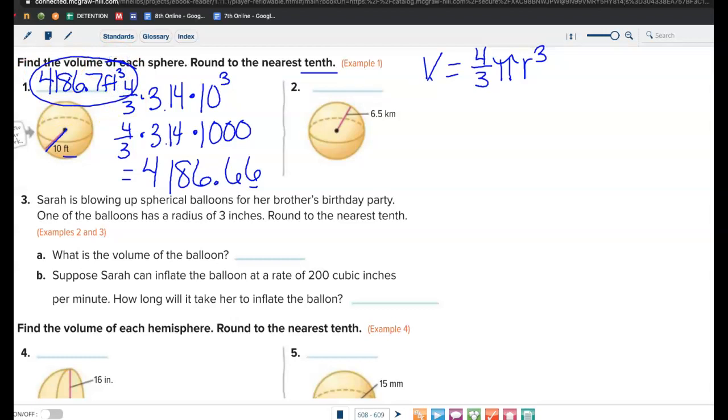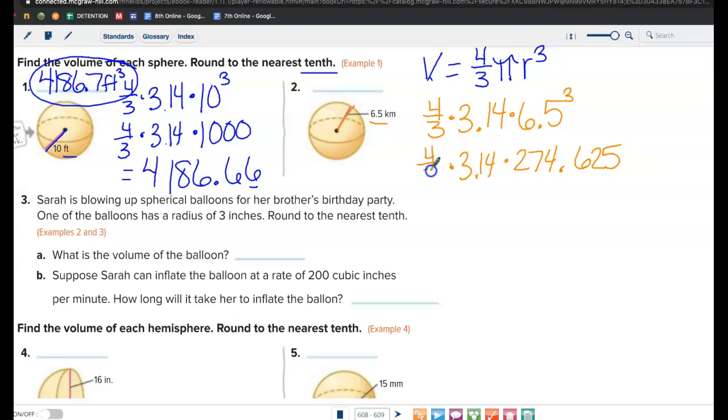All right, next one. I have 4/3 times 3.14 times my radius, which is 6 5/10, cubed. So I take 6 5/10 cubed, and I get 274 and 625 thousandths, times 3.14 times 4/3.